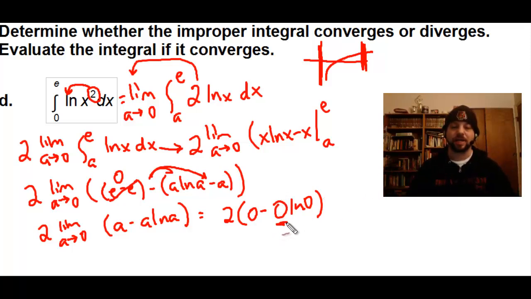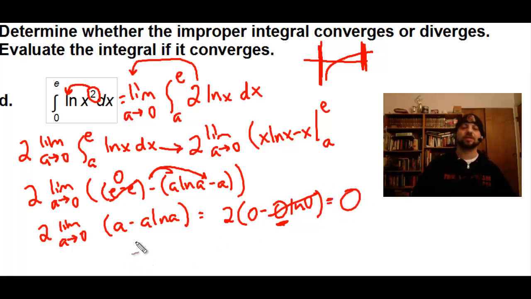Fortunately, I'm multiplying it by 0, so it essentially is going to 0 out. And what I'm going to end up with is 2 times 0, and the integral of this will be 0. Feel free to check this on your graphing calculator. You can do the integral yourself, and you'll see for yourself that this integral does, in fact, evaluate to 0.